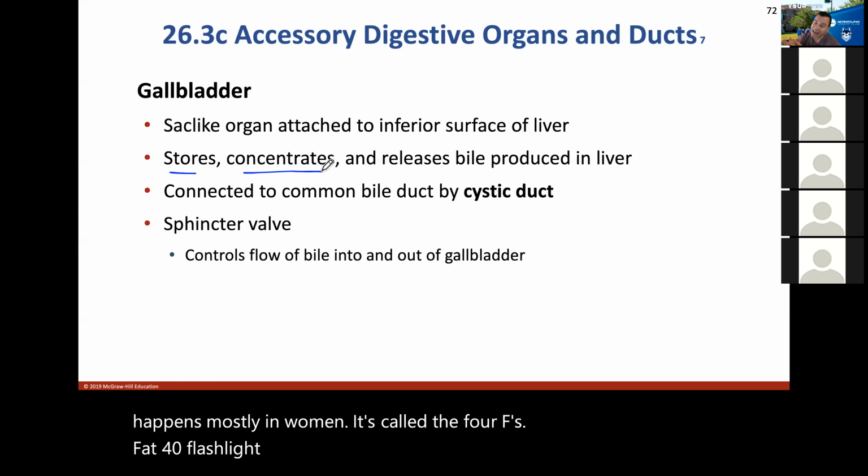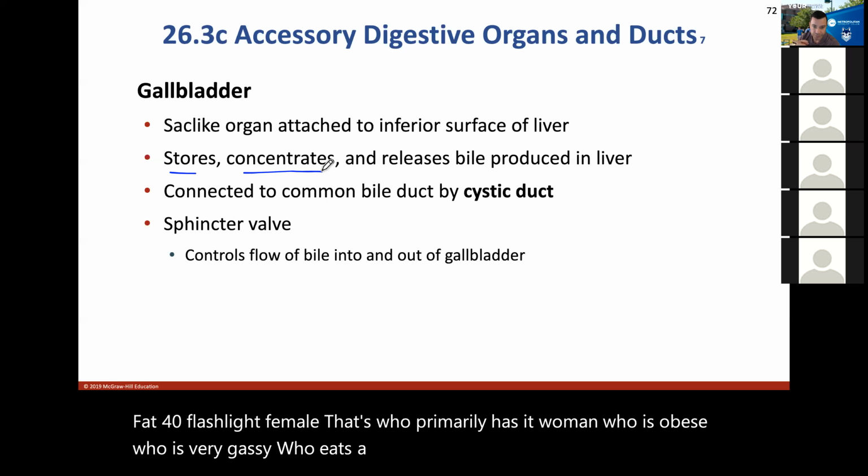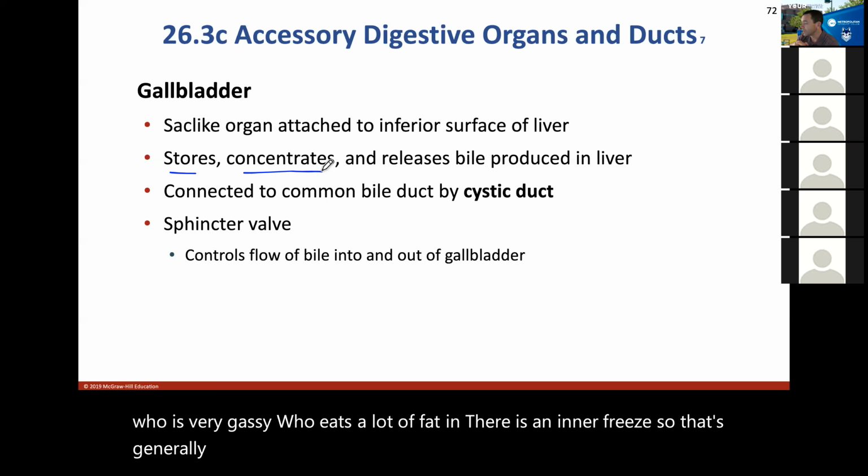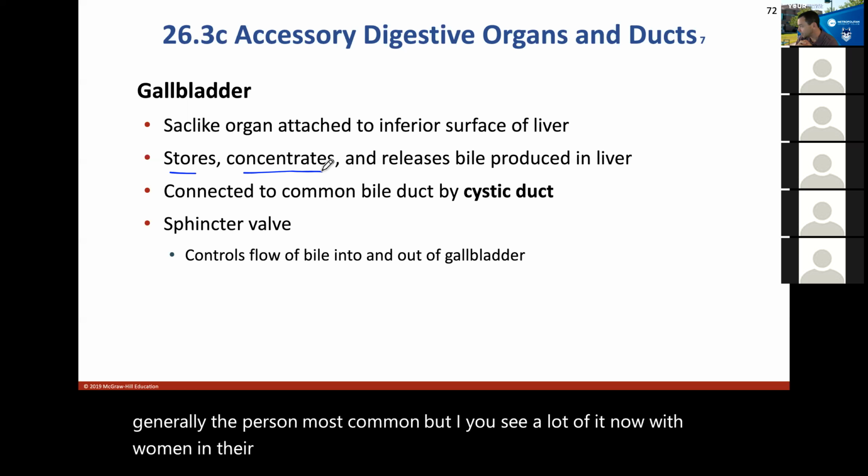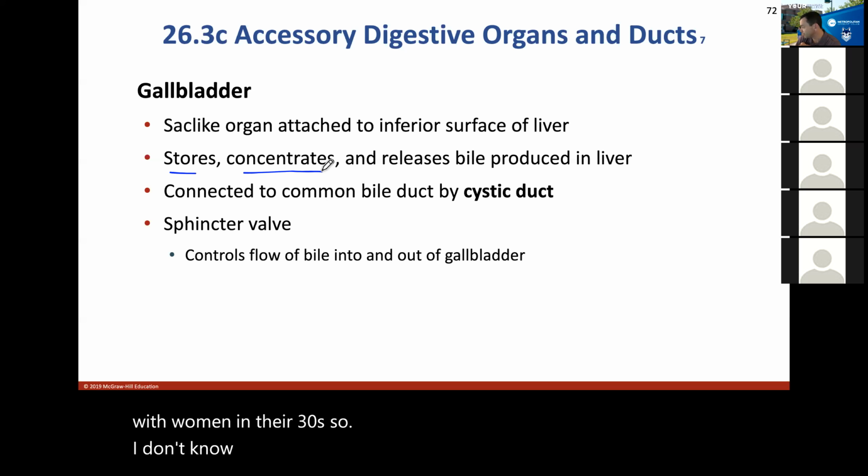That's who primarily has it: a woman who is obese, very gassy, eats a lot of fat, and is in her 40s. That's generally the most common person. But you see a lot of it now with women in their 30s. I don't know what that means. It means a really crappy diet. You'll notice it a lot more when you eat a fatty meal.